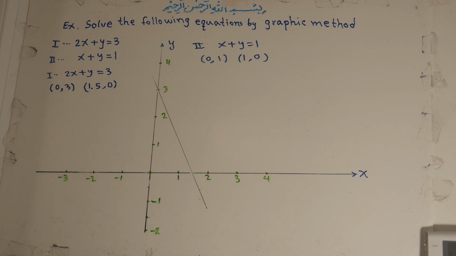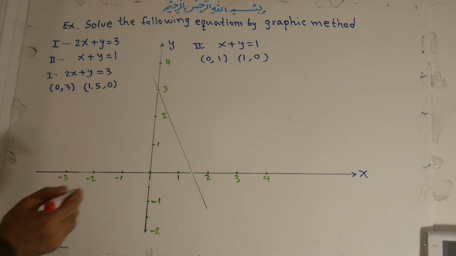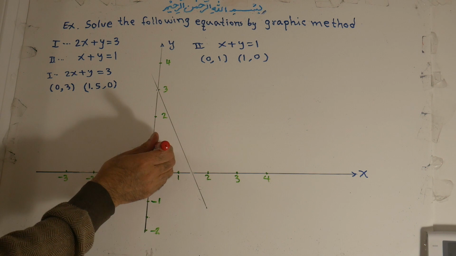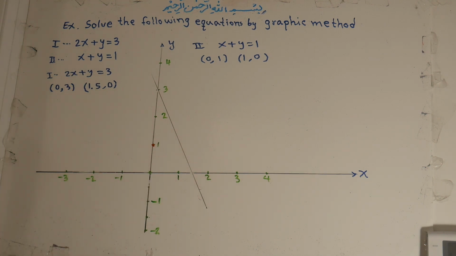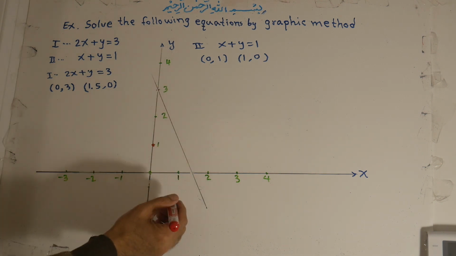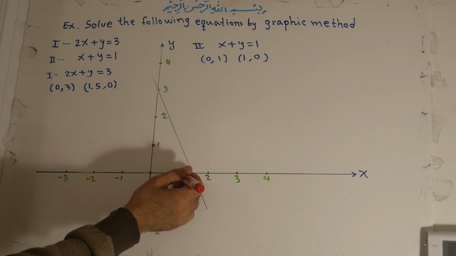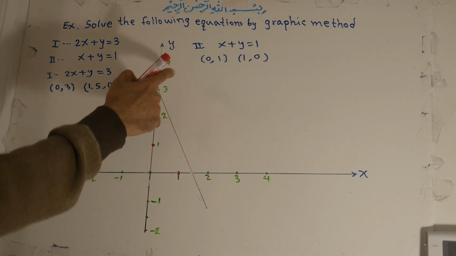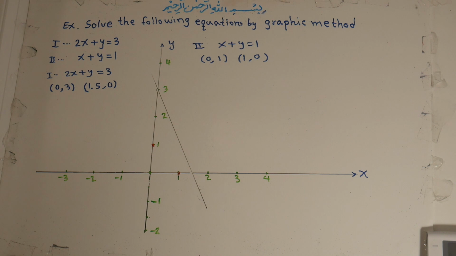Now we draw the second equation with a different color. x 0, y positive 1, and y 0, x positive 1.